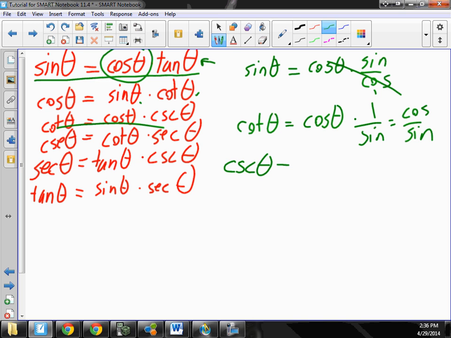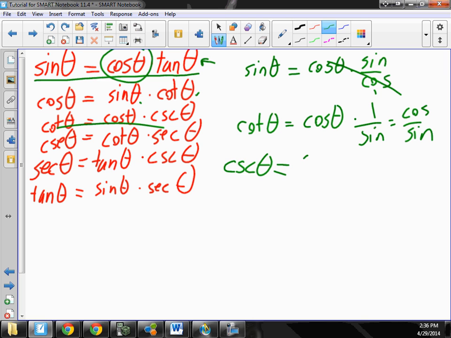Cosecant of theta. How should I change this? Good. We just go straight to sines and cosines.